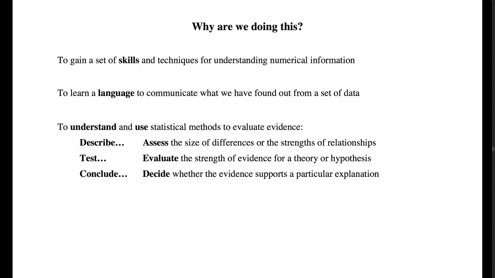We're evaluating the strength of evidence for a particular theory. And then we draw our conclusions. On the basis of our statistical analysis and our inferential testing, we decide whether the evidence supports a particular explanation, and maybe whether it favours one explanation more strongly than another.